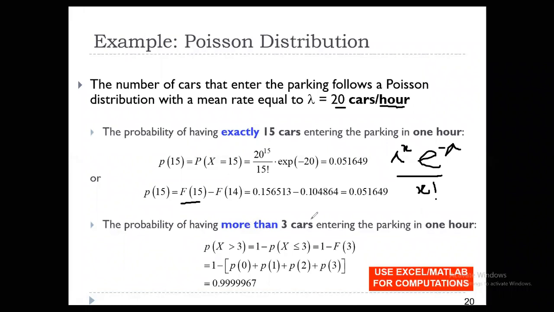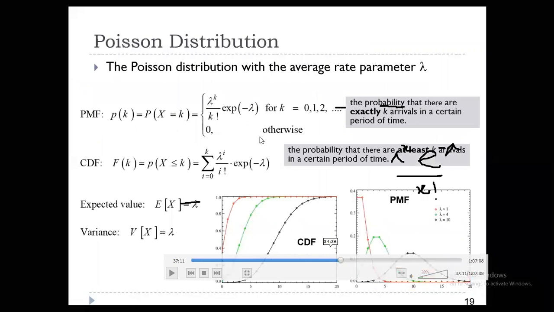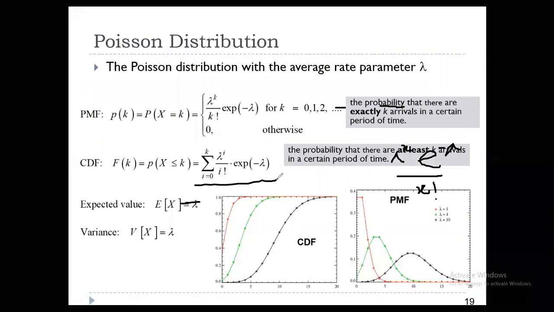As we saw earlier, the CDF function, we saw that earlier here. So if you want to find the CDF, you are going to make use of this function here, where your i this time is equal to 15. So if you want a CDF at 15, given your arrival rate, you are going to get the sum of lambda, which is 20, raised to the power i, e raised to the power negative lambda, over i factorial.